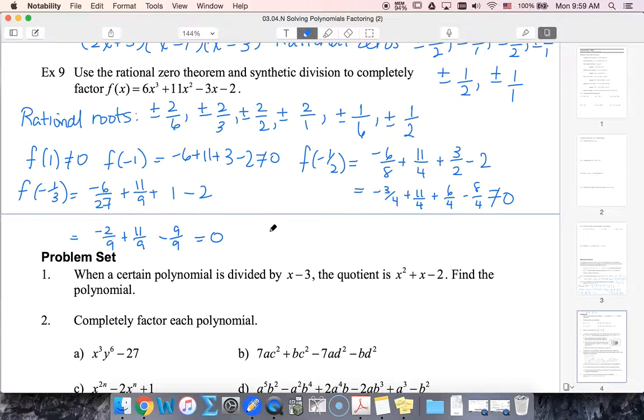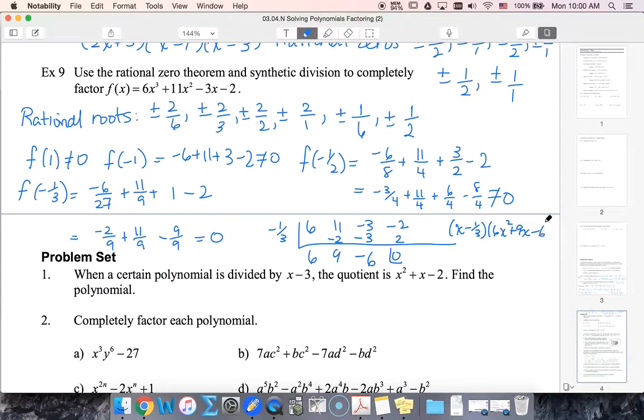So that was negative 1/3. I've got 6, 11, negative 3, negative 2, 6, negative 2, 9. That's going to give me negative 3, negative 6, positive 2 is a 0 as we hoped. So now I've got x minus 1/3 times 6x squared plus 9x minus 6.